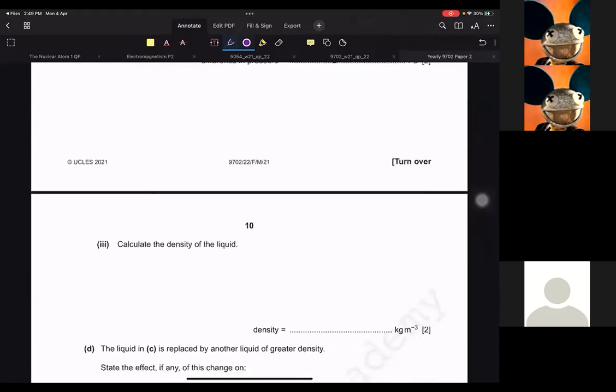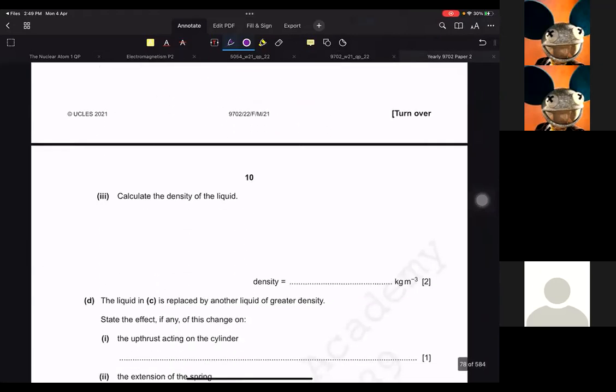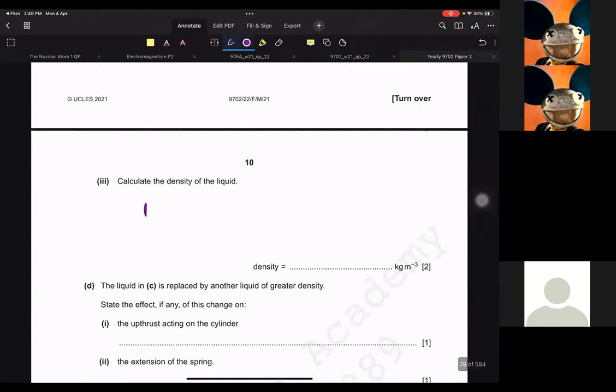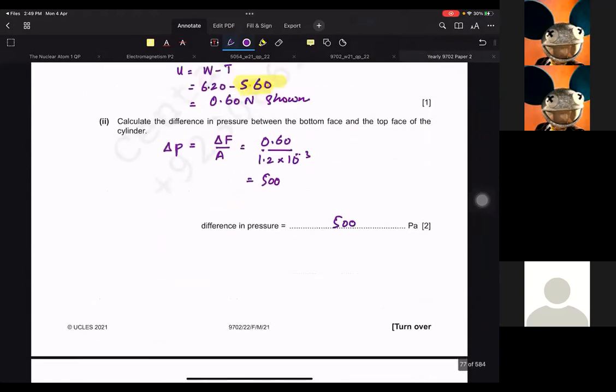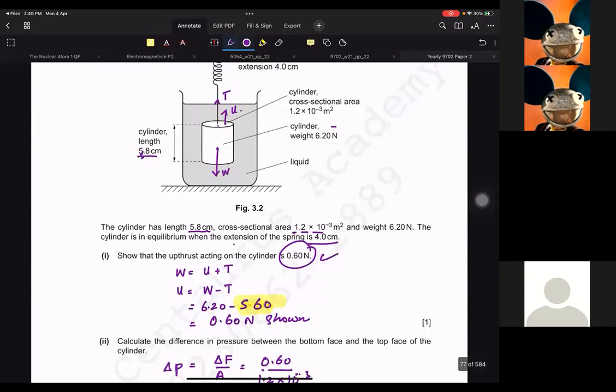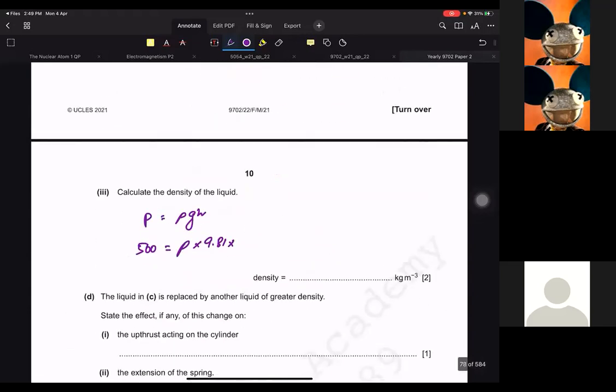All right. Then it says calculate the density of the liquid. We know that pressure is rho g h. We have found the pressure, which is 500. We've got to find this. This is 9.81, and the height. I think they gave us the height of the cylinder already, which is 5.8. So I'm going to put 5.8 times 10 raised to power minus 2, and then the density.